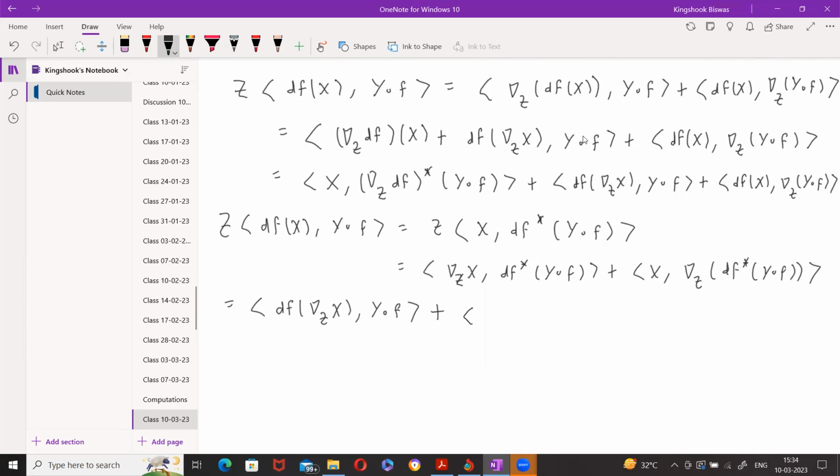One is nabla Z of Df star acting on Y composed with f, inner product with X, plus another term Df star acting on nabla Z of Y composed with f, inner product with X. Now in this term I can take the Df star to the other side, and it becomes the same as the term above.